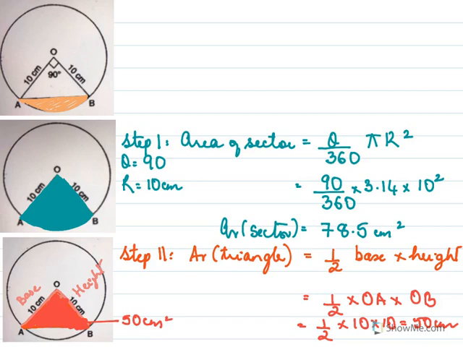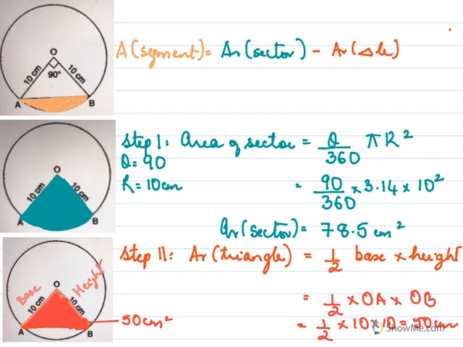Now we are ready to find the area of the segment. And from the figure we saw, area of segment equals area of sector minus area of triangle.